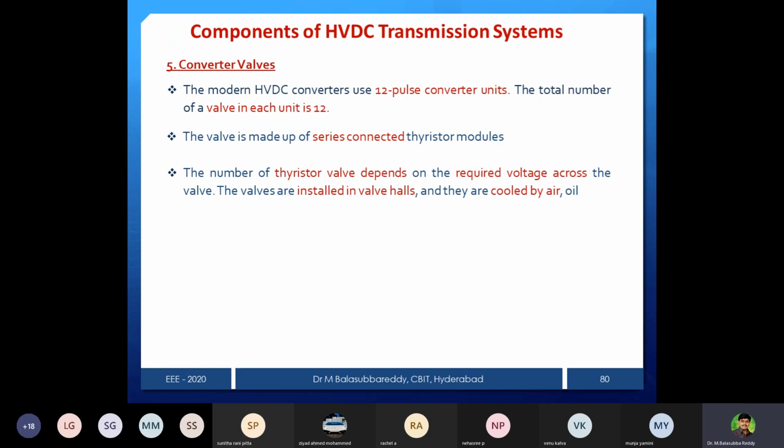And the valves are installed in a valve hall. There is a case with all the protection, heat sink, and cooling also. A lot of cooling mechanism is required here. Even in our power electronics lab, if you open the box, the case, you will see that there is a base, heat sinks, and then snubber circuit, and some mesh, some ventilation, and fans also.